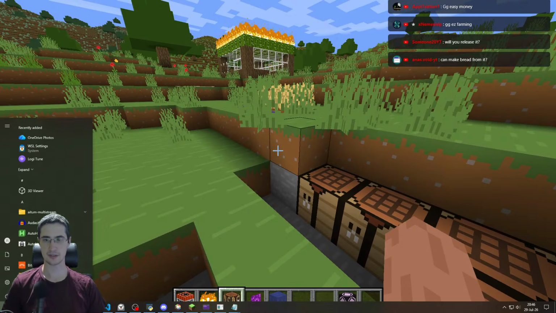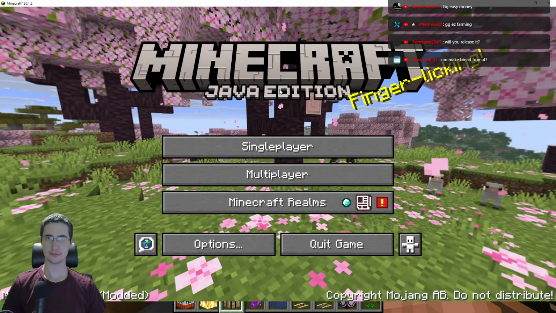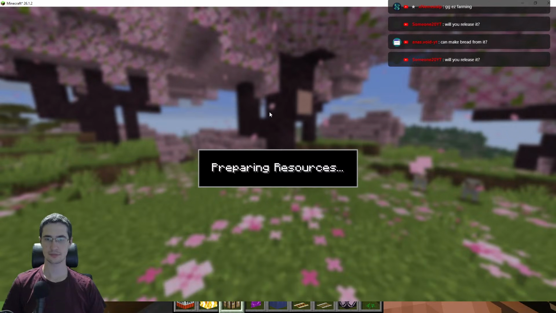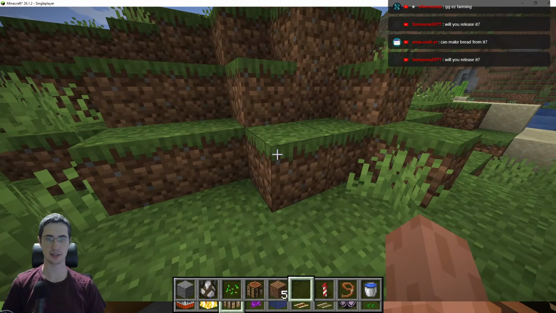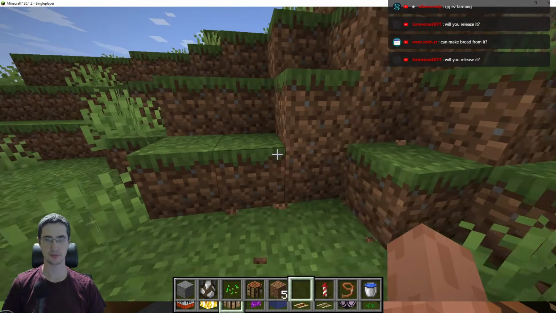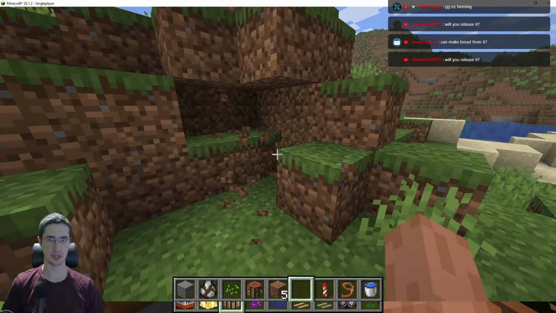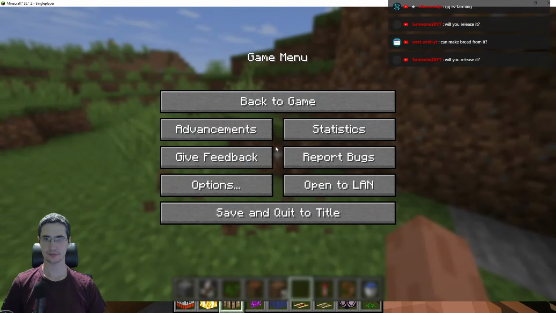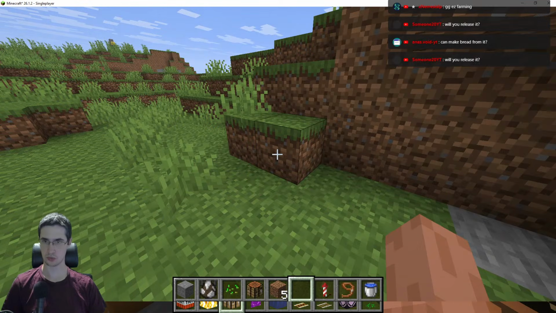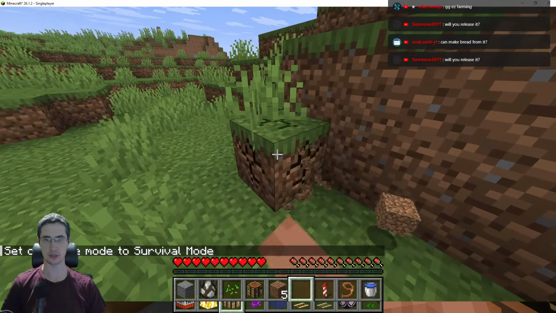But in Minecraft, there is an animation of the hand, even in creative mode. And if we switch to survival, it's a different animation where you're continuously breaking.